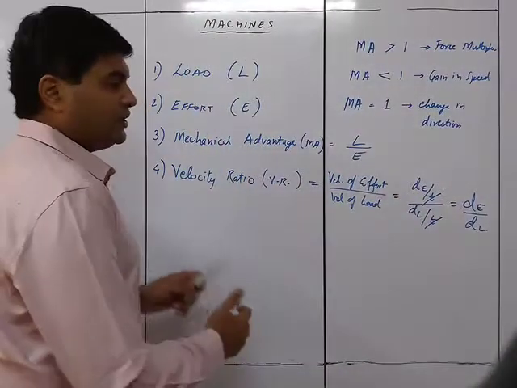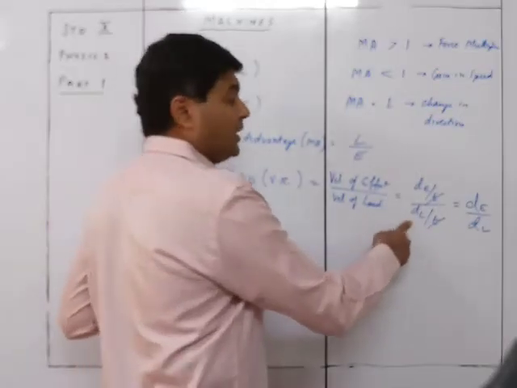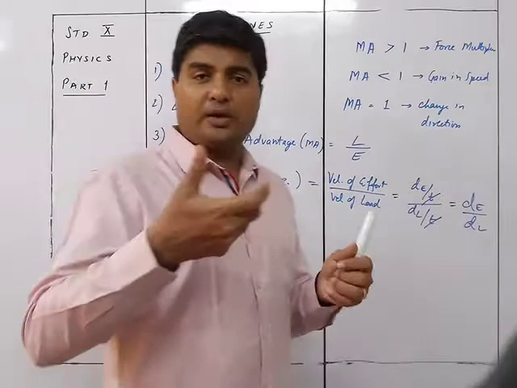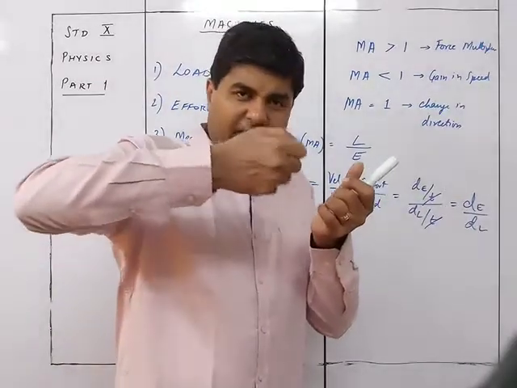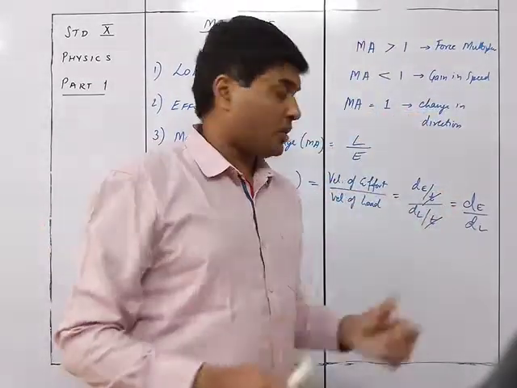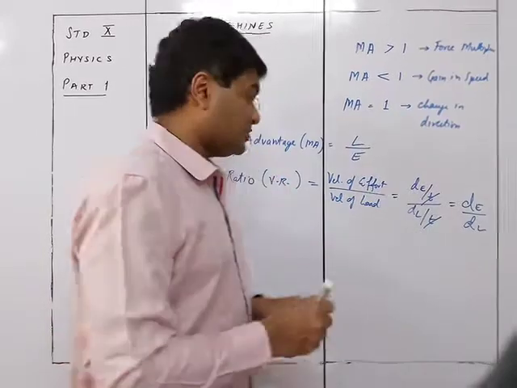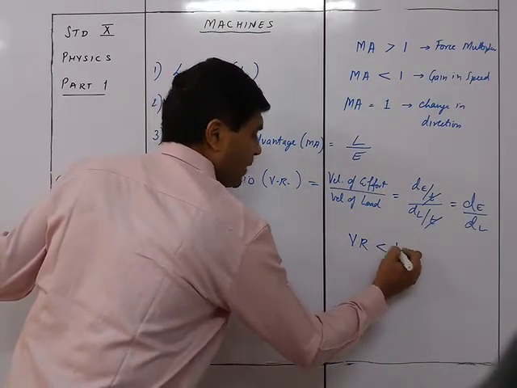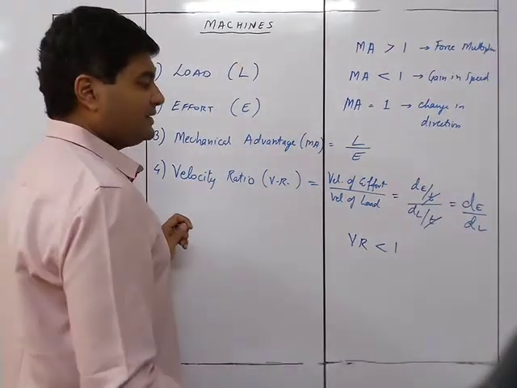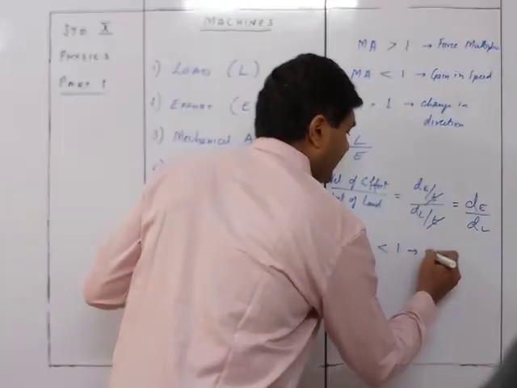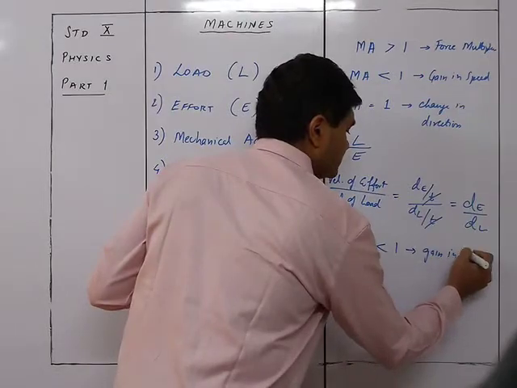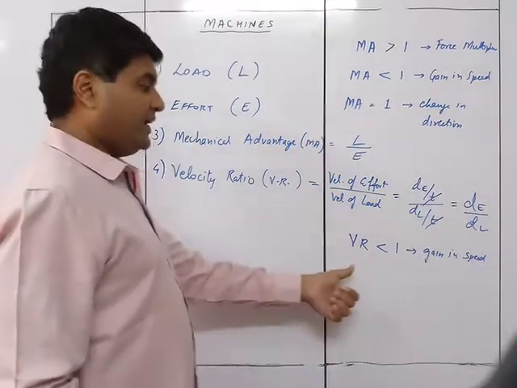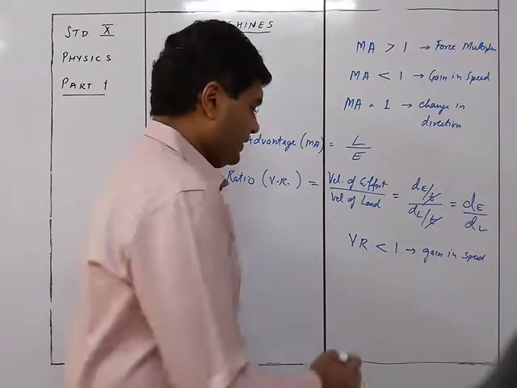If the displacement of the load is more than the displacement of the effort, like scissors, the displacement here is small but it cuts a big length there, so accordingly it will be less than 1. So if VR is less than 1, it is gain in speed.